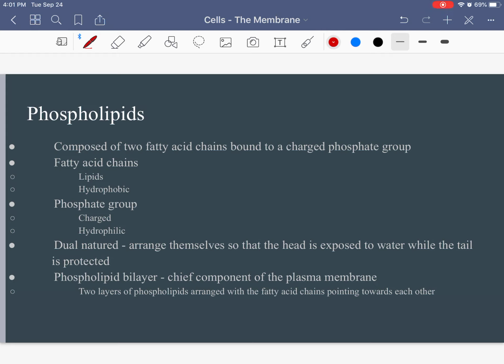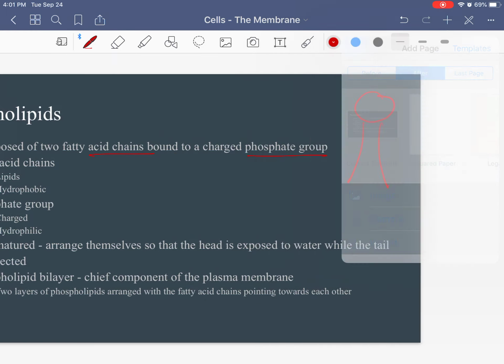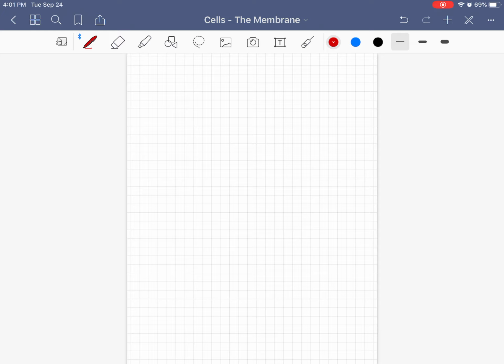Phospholipids, as we talked about when we talked about lipids a couple lectures ago, are made up of two fatty acid chains bound to a phosphate group. So our diagram, like we did just a second ago, you have your phosphate group and then you have two fatty acid chains. All right, and let's actually add another page so that we can just draw our phospholipid.